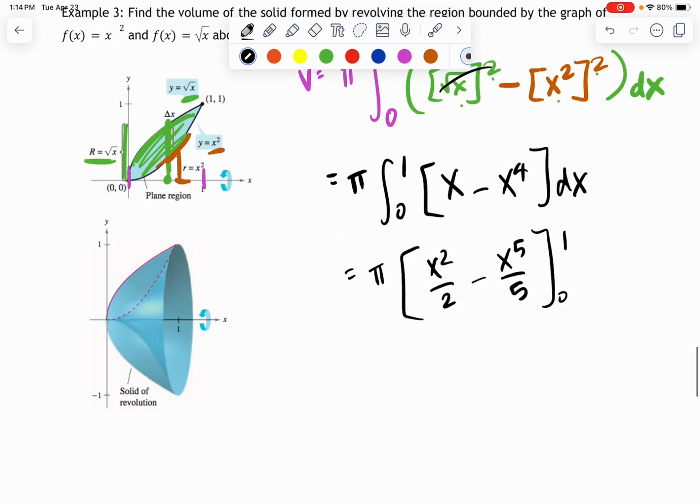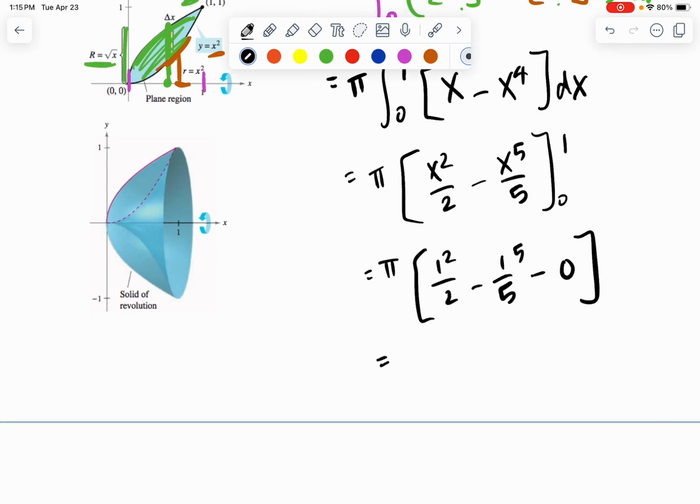I'll plug in 1. I'll plug in 0. If I plug in 1, I get half minus a 5th. If I plug in 0, I get 0. And so if I get a common denominator and figure out those constants, I would get 3/10. So it's 3 pi over 10 is the volume of that solid of revolution.